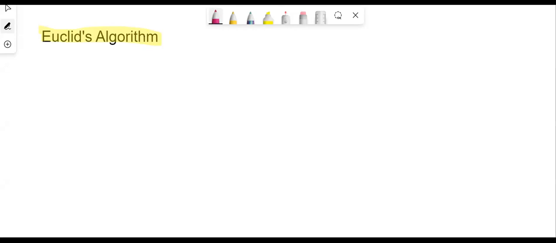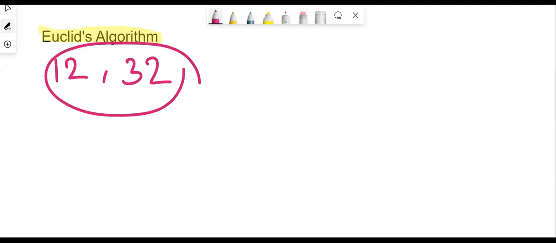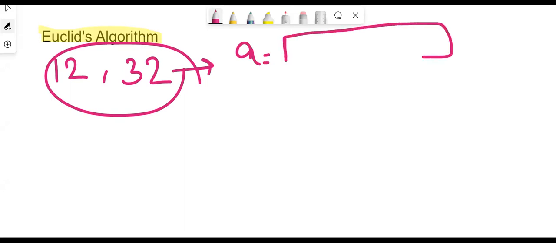For example, we have 12 and 32, which is a very common example which everyone takes. So now I am taking A as 32 and I'm representing that 32 as a bigger block, right? The whole thing is 32.